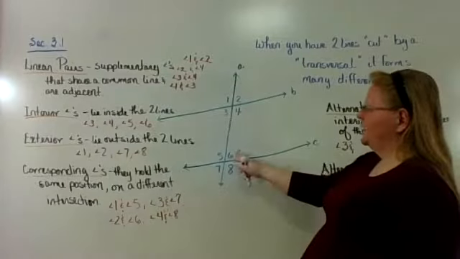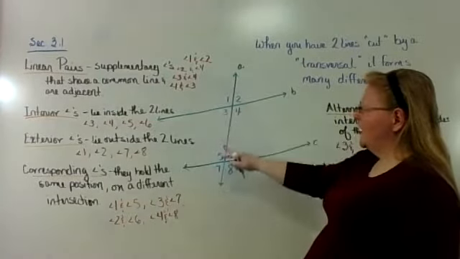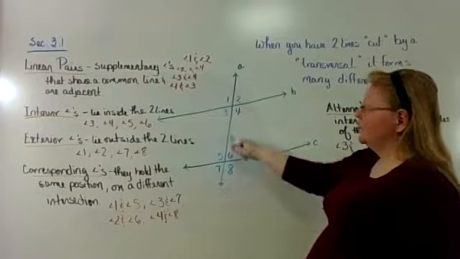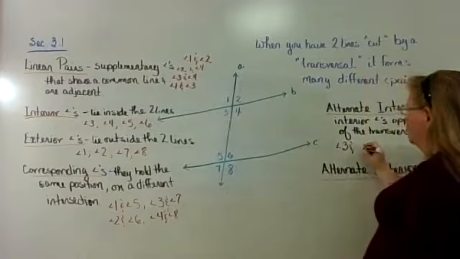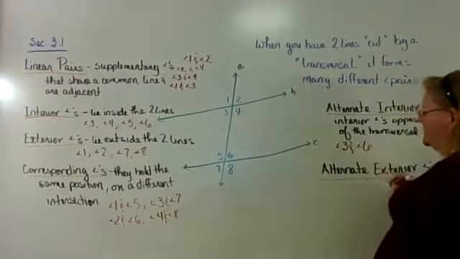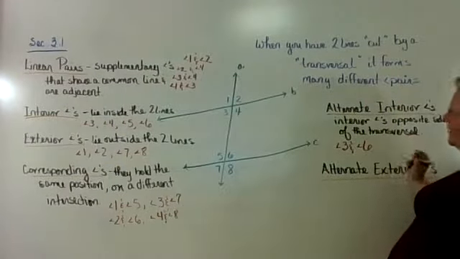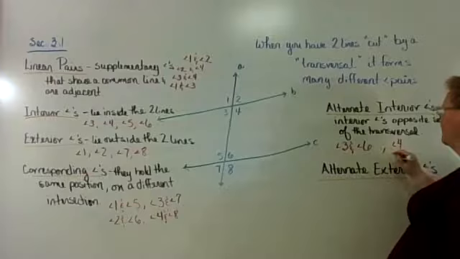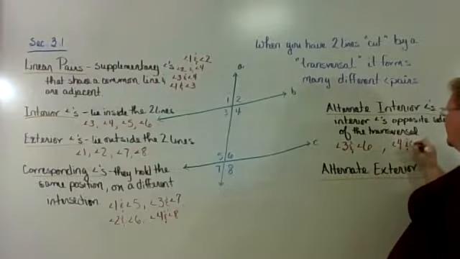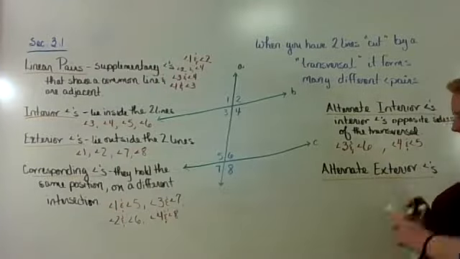So that would mean that it would be 6, because 3 is opposite from 6. You want the one on the other intersection. So angle 3 and angle 6. And then the other pair of alternate interior angles is angle 4 and angle 5.